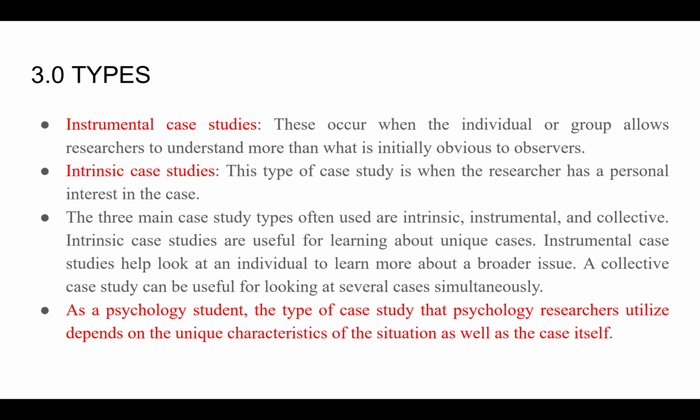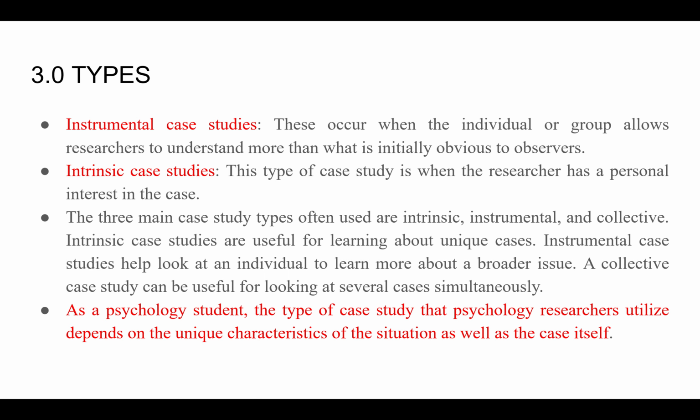And the next is the instrumental case studies. These occur when the individual or group allows researchers to understand more than what is initially obvious to observers. And the last is intrinsic case studies. This type of case study is when the researcher has a personal interest in the case. The three main case study types often used are intrinsic, instrumental, and collective.